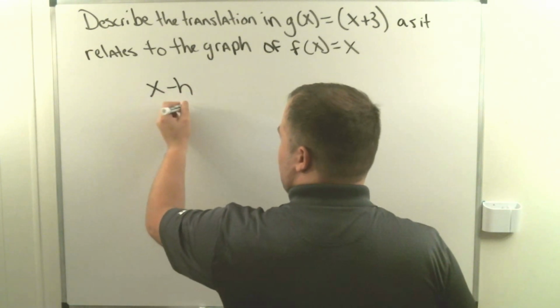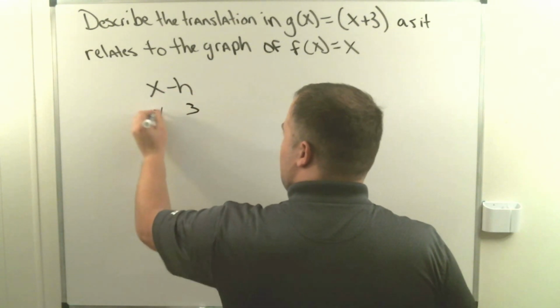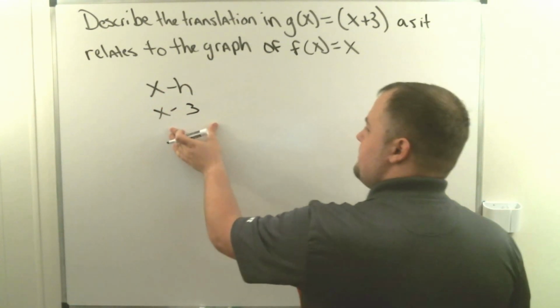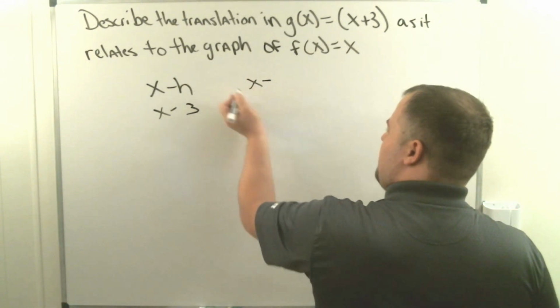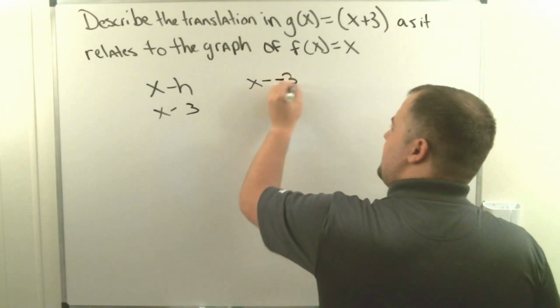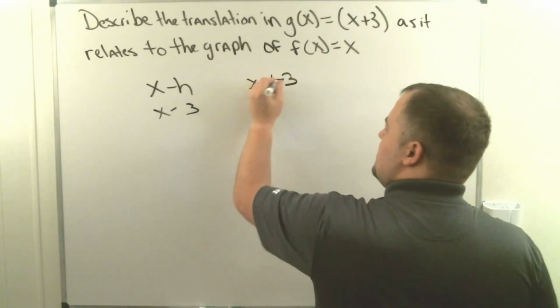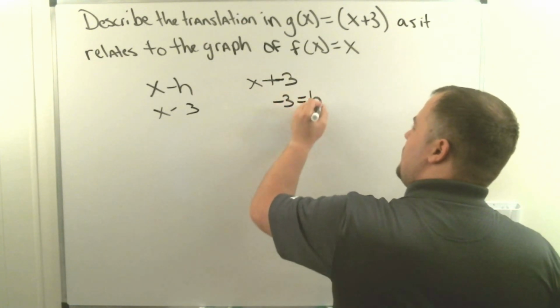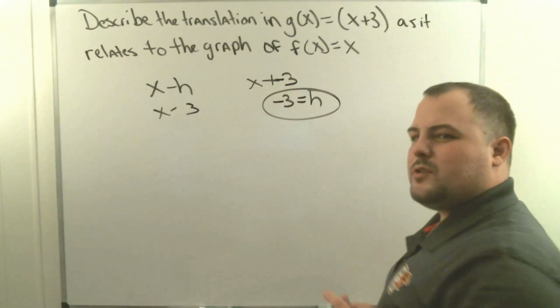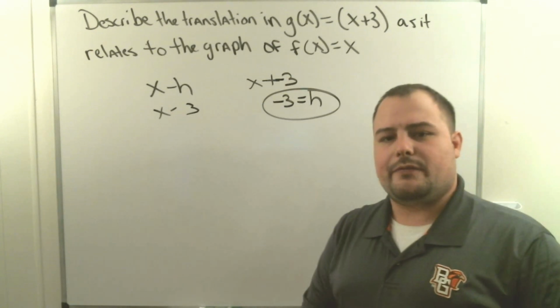Well, if I subtracted a positive 3, x minus 3 would look like this. And in this case, we have to subtract a negative 3 because two negatives change into a positive. So this 3, or this h value, is actually a negative 3, not a positive 3.